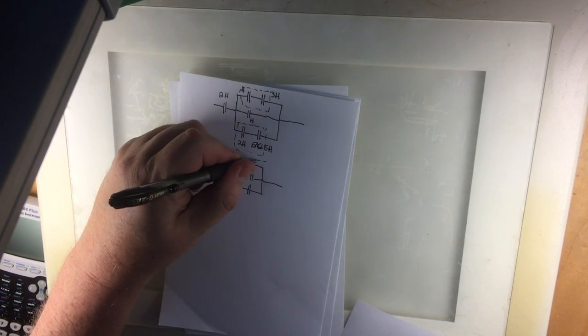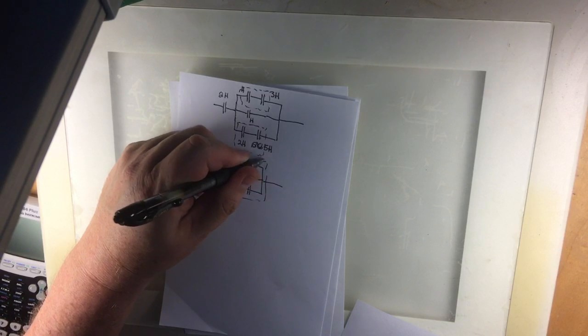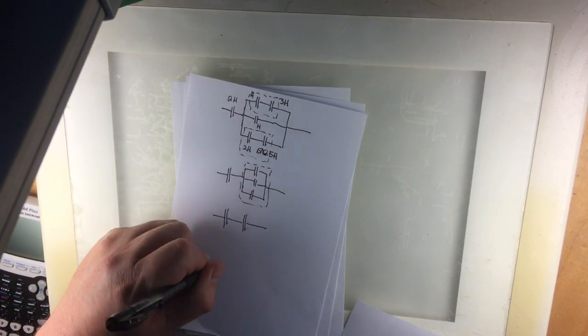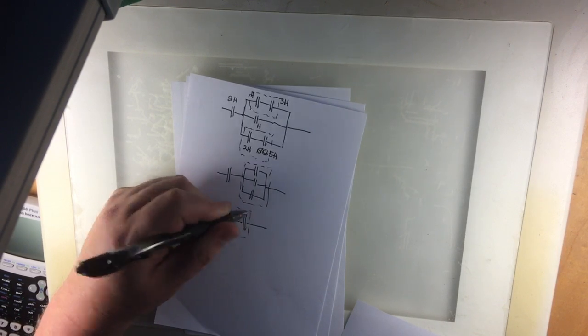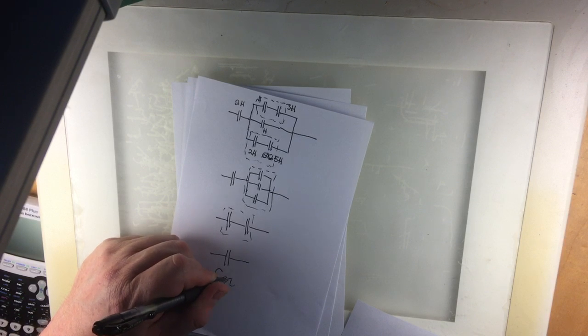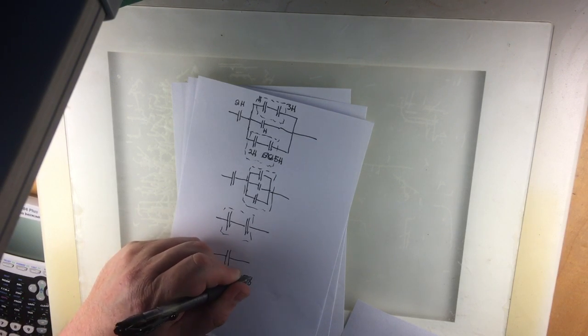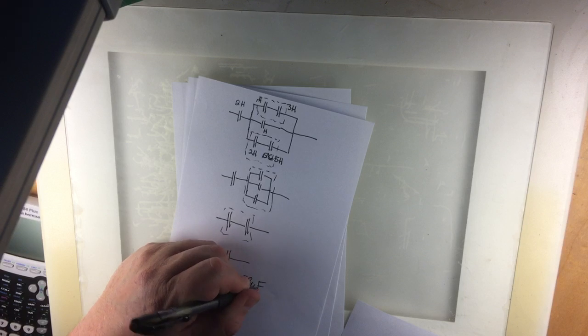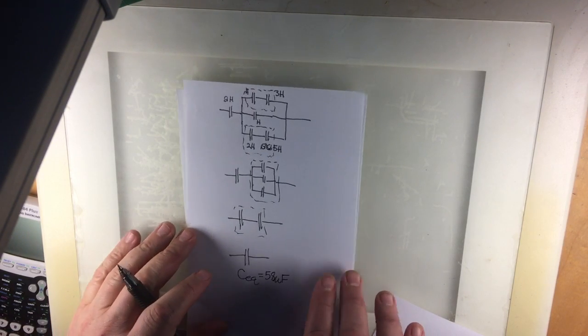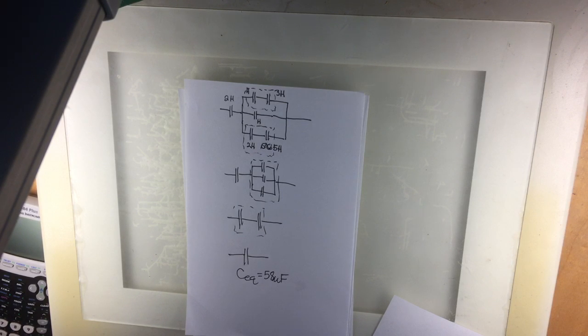Then I do the second squoosh. And then I do the third squoosh, which will give me the CEQ, which is 58 microfarads. The 58 microfarads is a bizarre number. Why did I pick 58? Maybe I planned ahead.